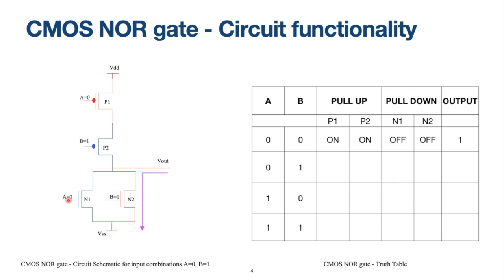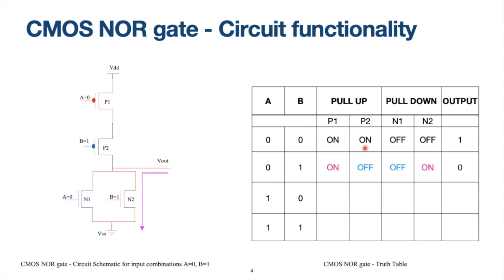Since A is equal to 0, transistor N1 is off, but B is equal to 1, so transistor N2 is on. Now look into the figure. We have a path from Vout to the ground through transistor N2. So there is a path for the load capacitor to discharge its charges. What happens? Your output goes to 0.